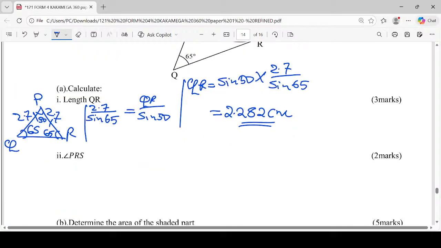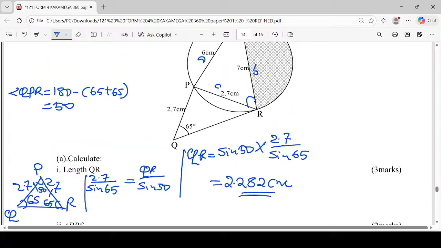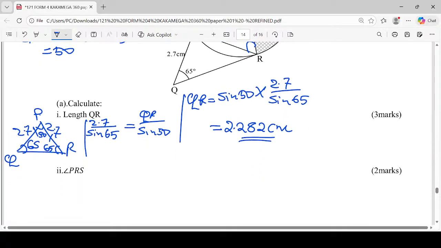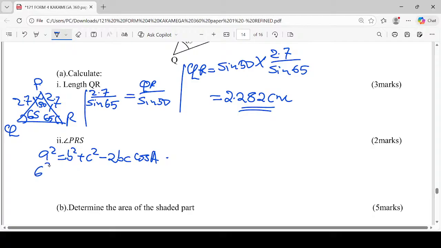Roman 2, angle P. I can use the formula a squared is equal to b squared plus c squared minus 2bc cos A. So my a squared here will be 6 squared. 6 squared is equal to b squared plus c squared.